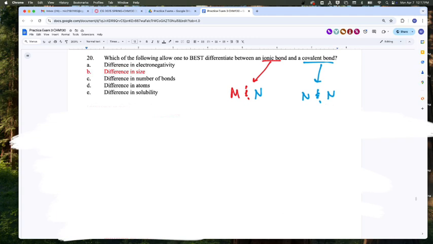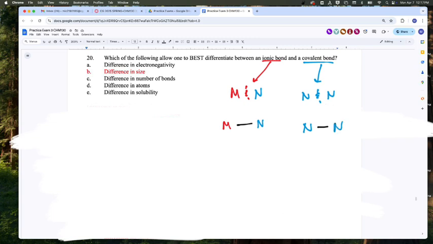Right? What is metallic character? So we could talk about metals' properties, but that's not our metallic character. Right? If we're looking at these as structures, we've got a bond between a metal and a nonmetal. And we've got a bond between a nonmetal and a nonmetal.